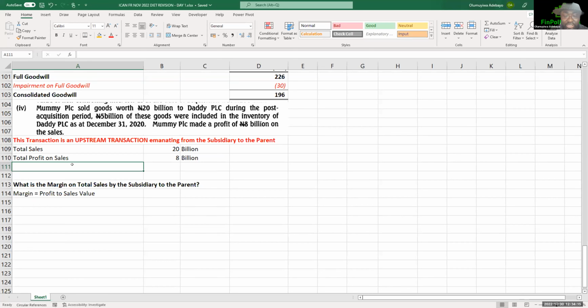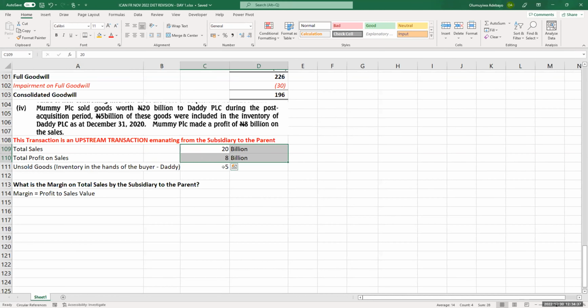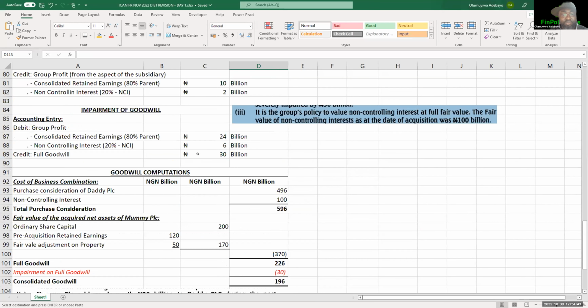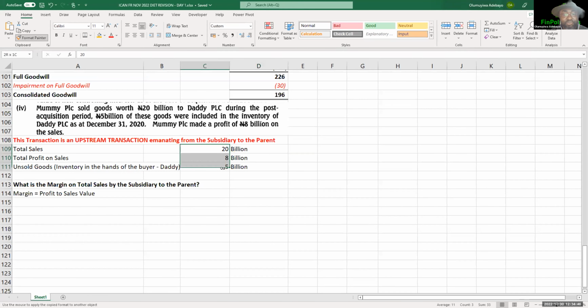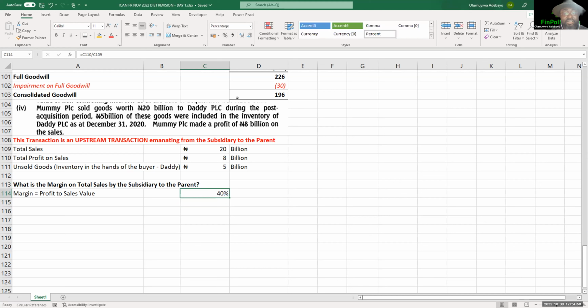Okay, now unsold goods, which is the inventory in the hands of the buyer. Who's the buyer now? Daddy. Is 5 billion. 40% of 5 billion is the unrealized profit. Therefore, what then do we need to do? In this case, the margin here is profits as a ratio of sales, and that is approximately 40%.